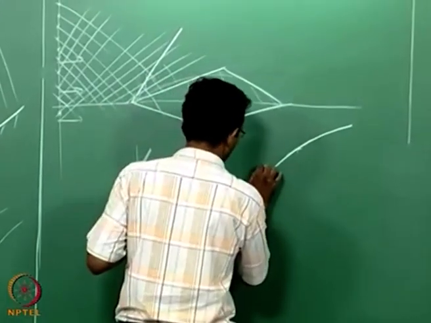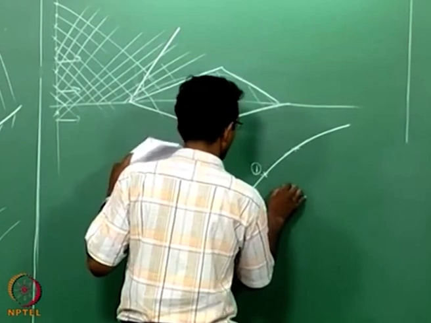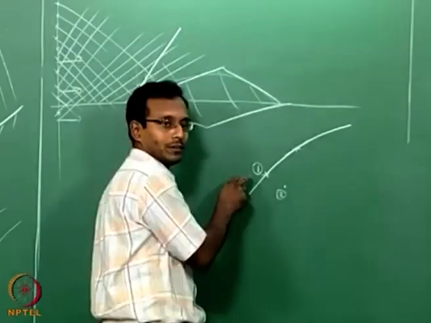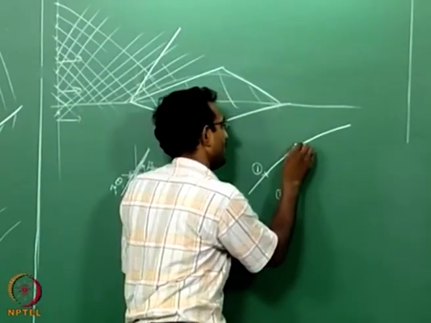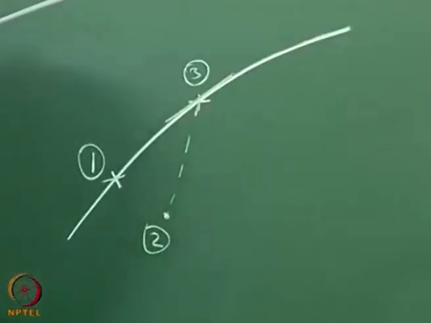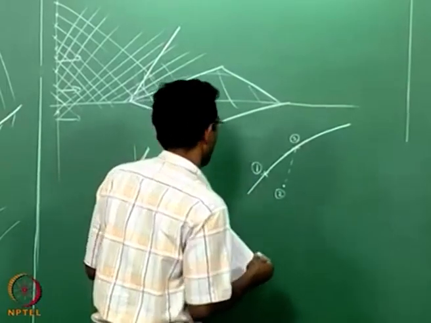So my problem now comes down to, I am given one interior point and one shock point. Now I have to find this point 3 from here. That is what is expected. So we have to think about how to solve this.